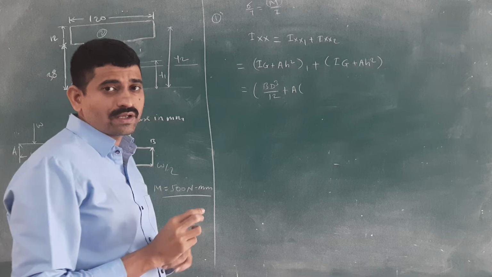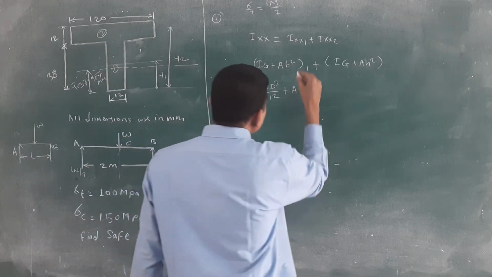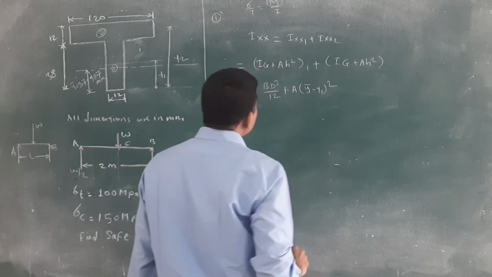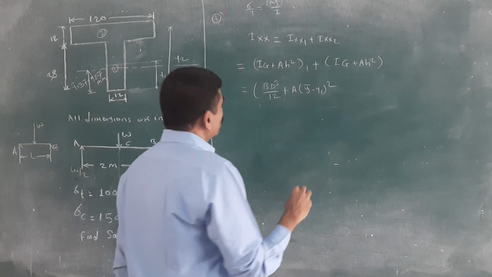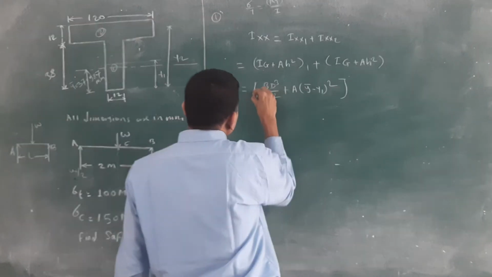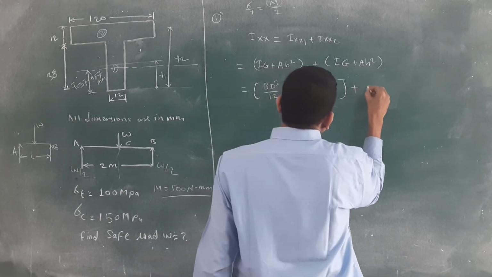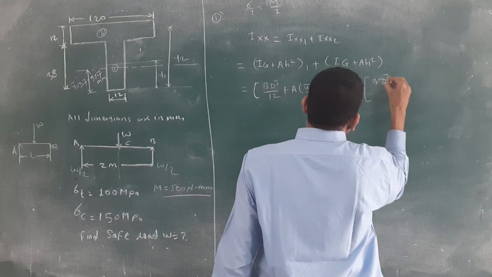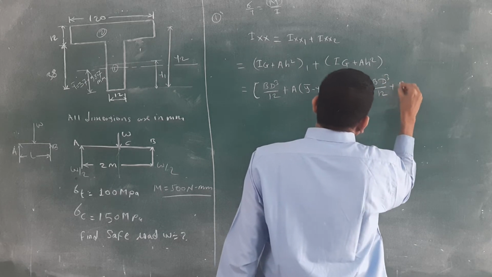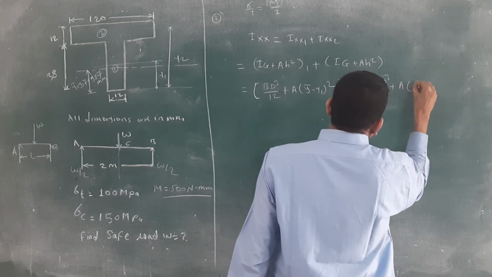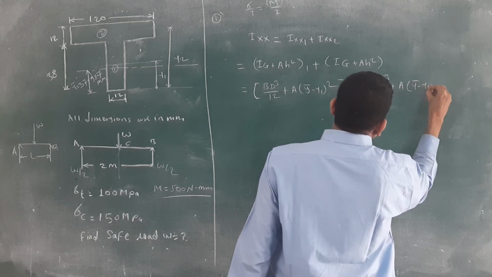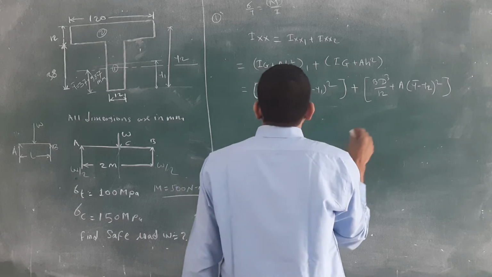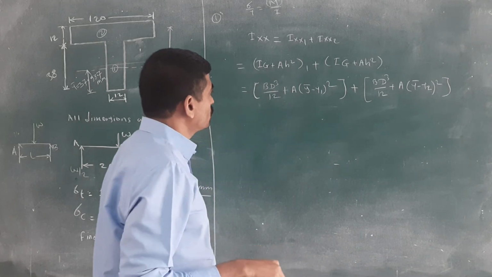How to calculate that distance? Remember that h means y bar minus y1. Okay, get it? Plus, then the next one again, bd cube by 12 plus A into h square, where h means y bar minus y2 square, y2 not y1. Okay, this is the formula you have to use.